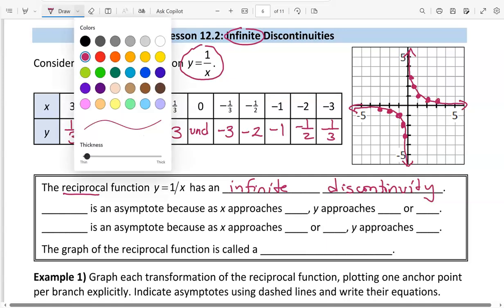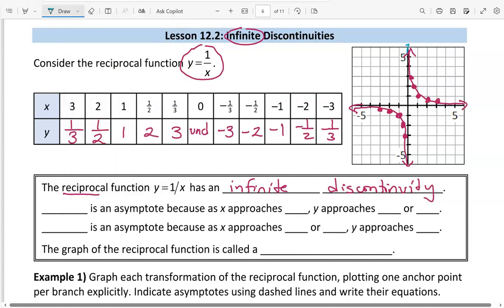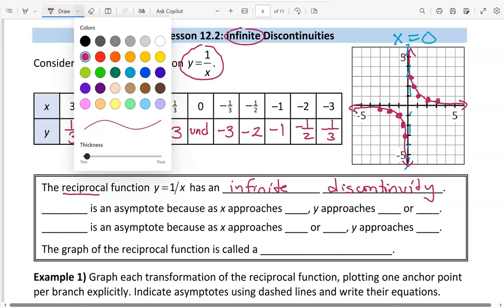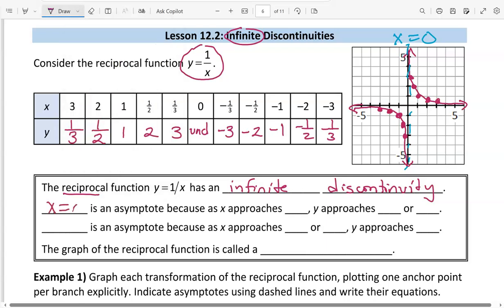Now, the y-axis is what we call a vertical asymptote to the graph, and the equation of a vertical line is x equals a number, here x equals 0. So the vertical line with equation x equals 0 is a vertical asymptote because as x approaches 0, y approaches either infinity or negative infinity.